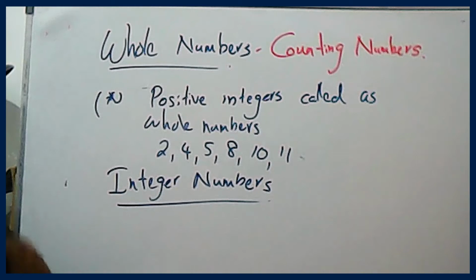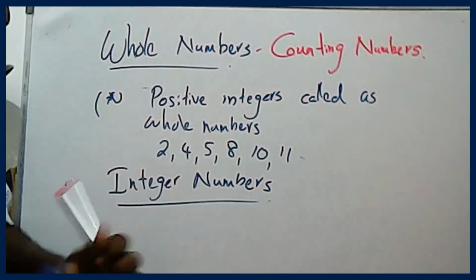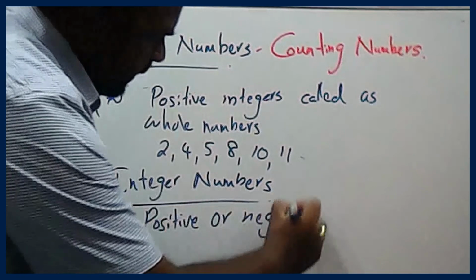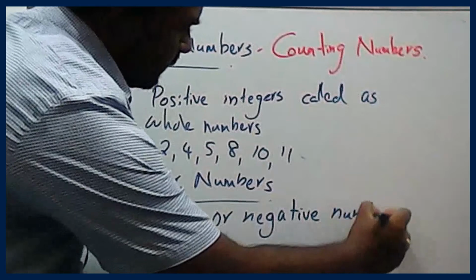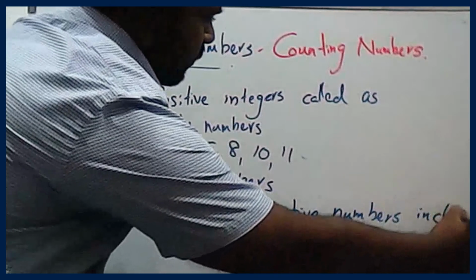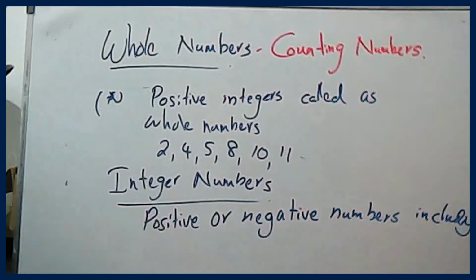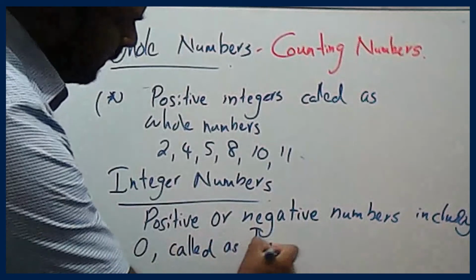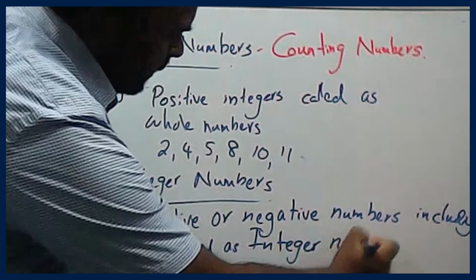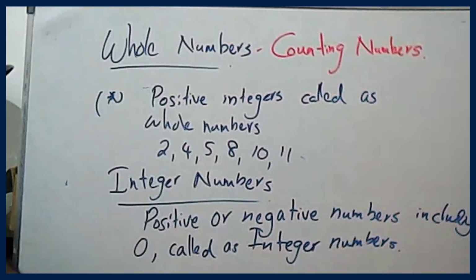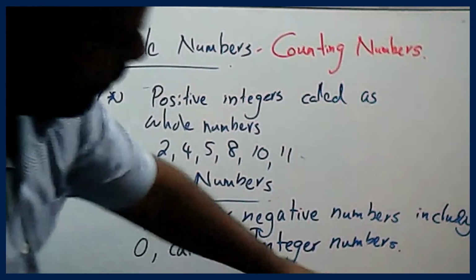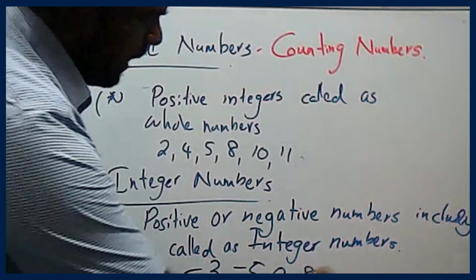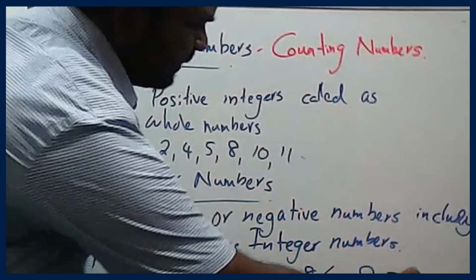Integer numbers means positive or negative numbers including 0. For example, -3, -5, 0, 8, 4, 7, 6.